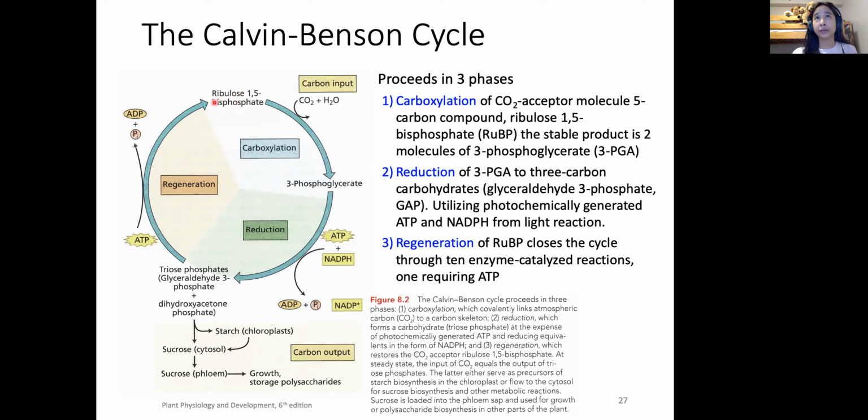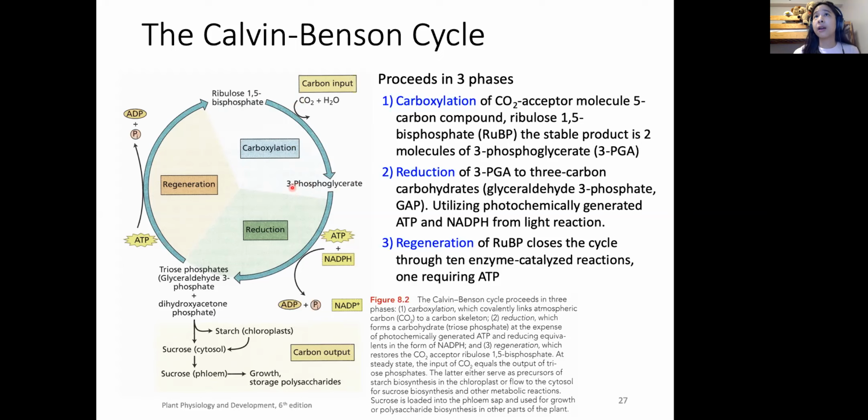And this 5-carbon molecule will be used to fix carbon dioxide, which has only 1 carbon. And 5 plus 1 equals 6, right? But actually, the 6-carbon molecule is not stable. So the 6-carbon molecule splits into 2. You will get 2 molecules of a 3-carbon compound.